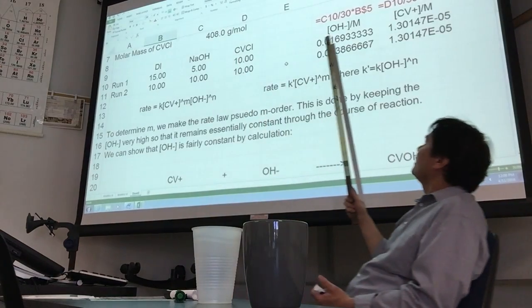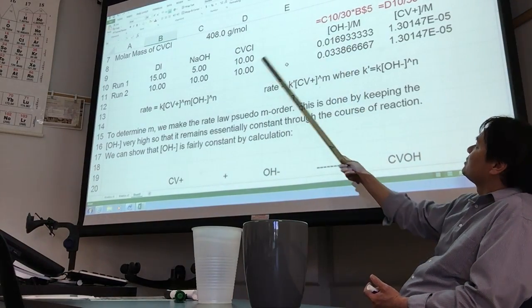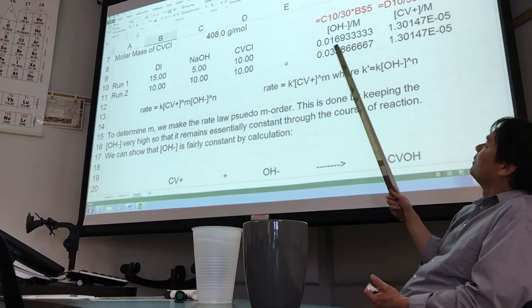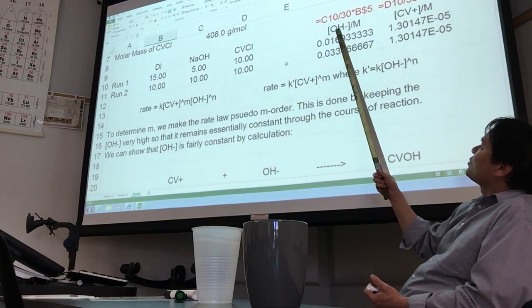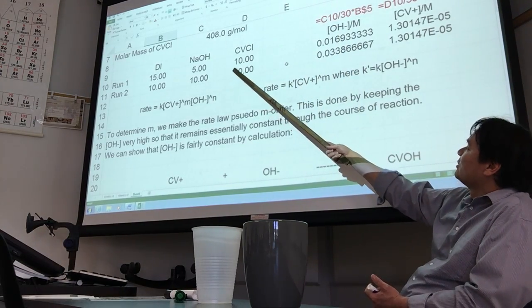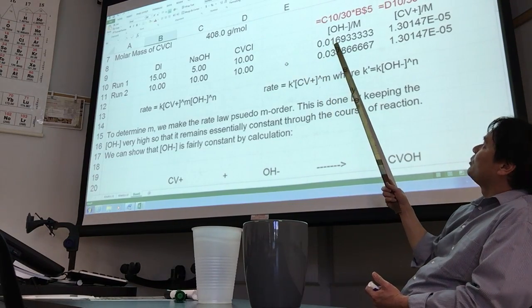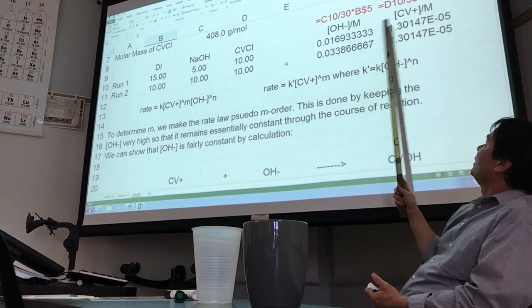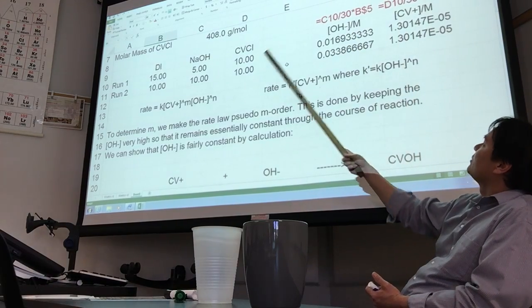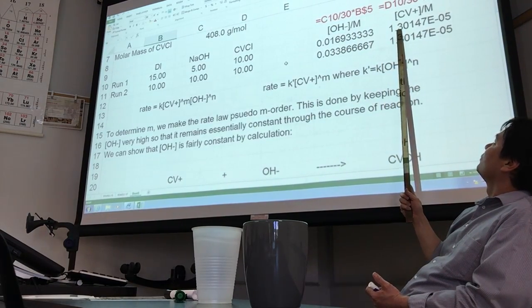And so we need to get the initial diluted concentrations. Step one is solution dilution. And so the hydroxide is a 5 to 30 dilution. So a 5 to 30 dilution of 0.1016 comes out to 0.0169. And then the crystal violet is a 10 to 30 dilution, which comes out to 1.3 times 10 to the minus 5.